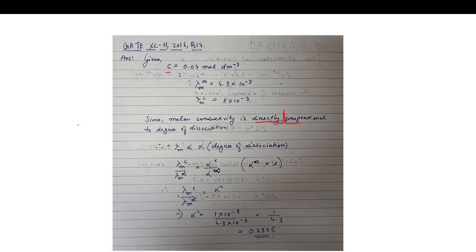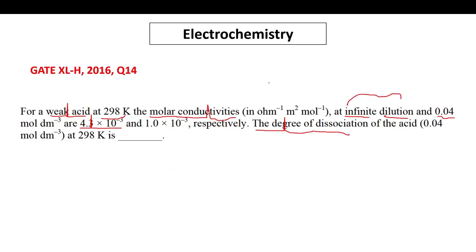The two values are already given in the question. At concentration 0.04 mole it is 1 into 10 to the power minus 3, and at infinity it is 4.3 into 10 to the power minus 3. You just need to put these values in this equation and you will get the degree of dissociation asked in this 2016 question number 14.